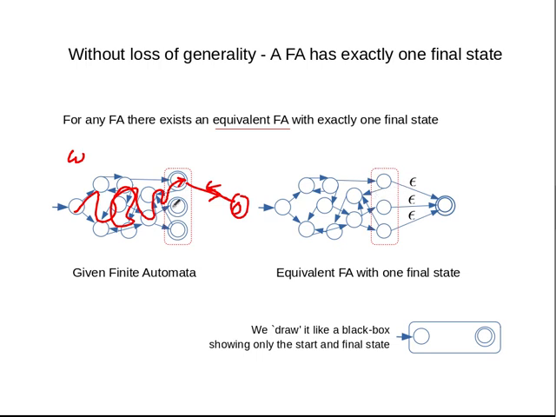In the other direction, if you are accepting something here, say on some W, you need to start from here and reach this state because this is the only final state. So the last transition has to be one of these transitions, because from here there is no outgoing edge.